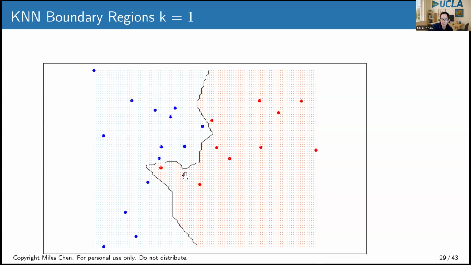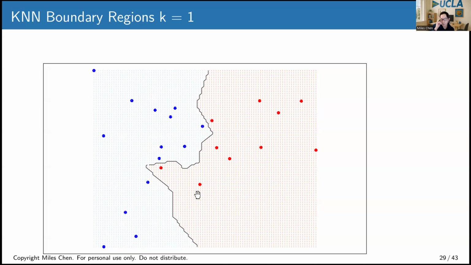Okay. And so you can see here I have a red dot and a blue dot, and the boundary gets drawn as what's equidistant from the red and the blue. And so all the dots on this side of the boundary are a little bit closer to the blue dot. All of the dots on this side of the boundary are a little bit closer to the red dot. And so this is the region here. Okay.